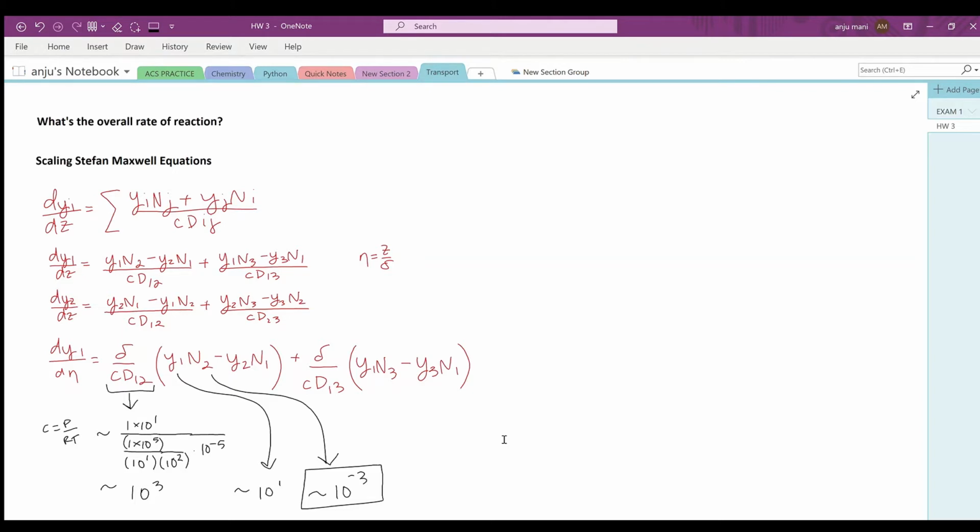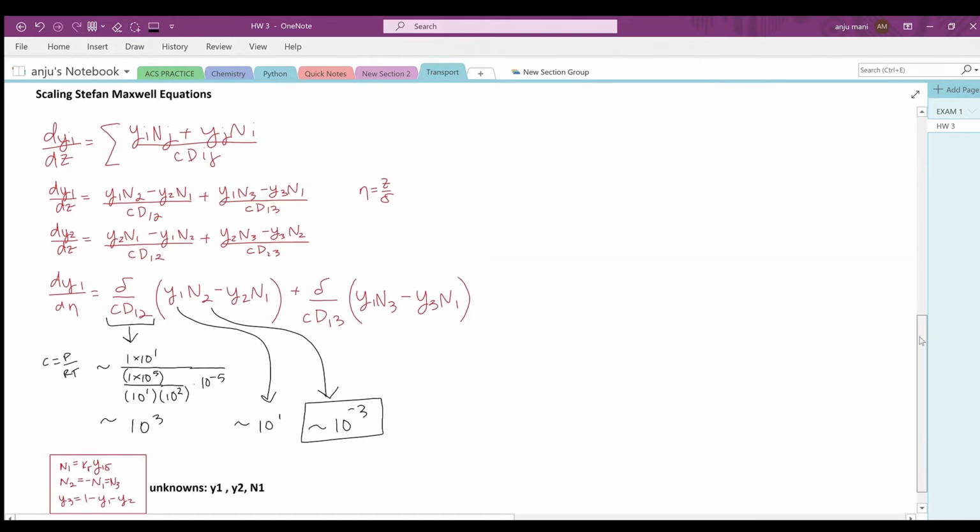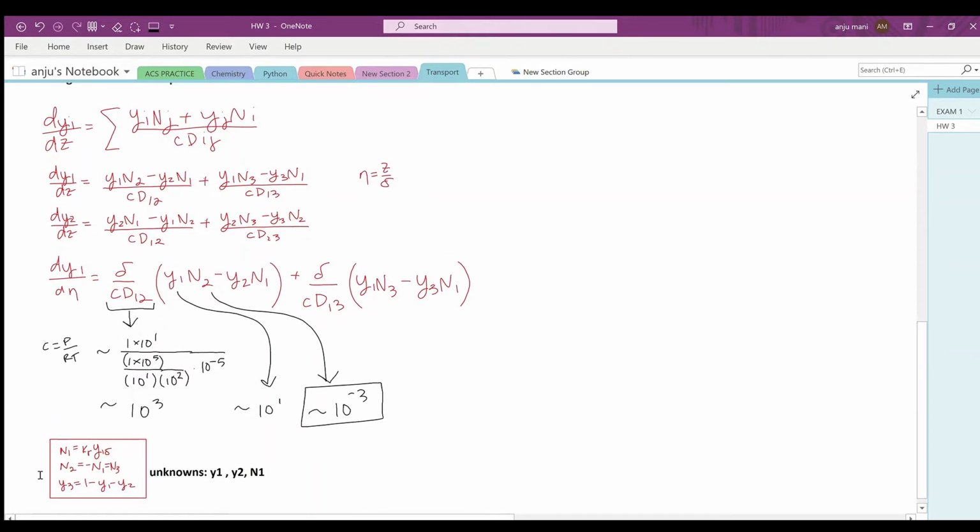We have two independent equations, and then we have three unknown variables when we write it out in terms of our bootstrap conditions and our mole fractions being a part of 1. So it's important for us to make an estimate to find a scale. We'll first start with this portion. Our boundary layer is expected to be a small value, so we're going to make the estimate that it's to a magnitude of 1.